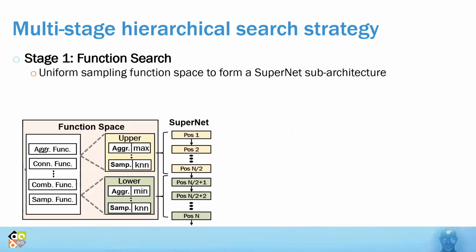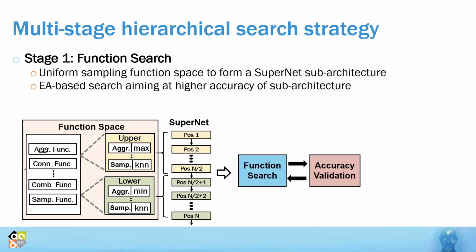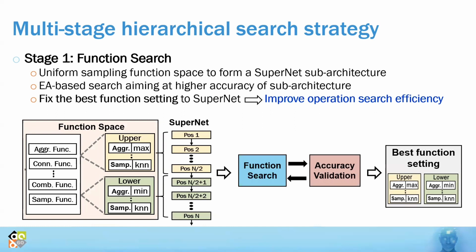Afterwards, HGNAS constructs the supernet sub-architecture by uniformly sampling the function space, finds the optimal function sub-architectures based on the evolutionary algorithm, and then fixes the optimal function settings to the supernet. Fixing the function setting in this stage will significantly reduce the complexity of subsequent operation searches and improve operation search efficiency.